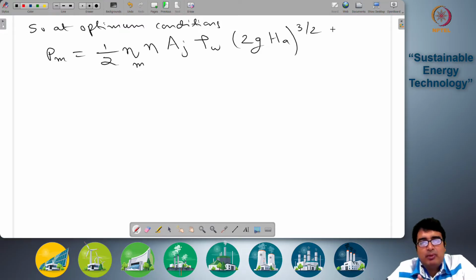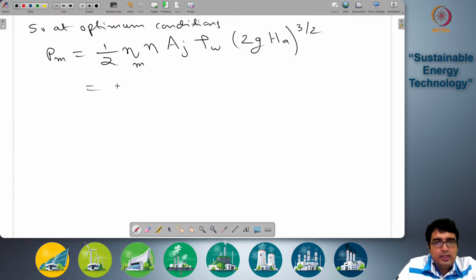We derived this expression before, if you remember. So the available electrical power is the mechanical efficiency into half into number of nozzles into the area of the jets issuing from that nozzle into the density of water into 2G into available head to the power 3 by 2. Right?